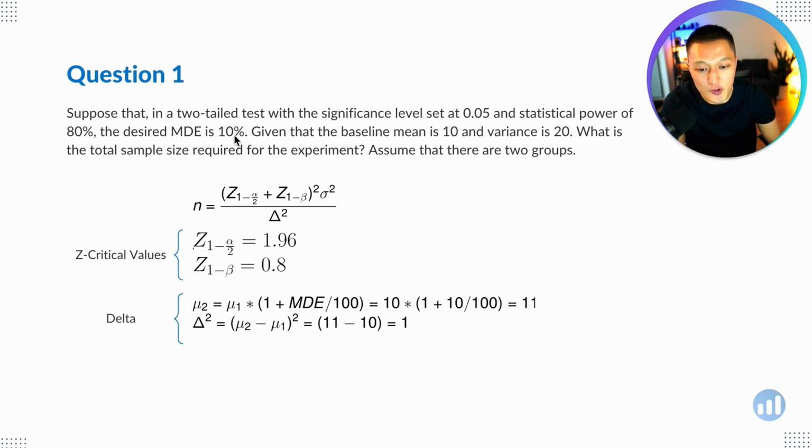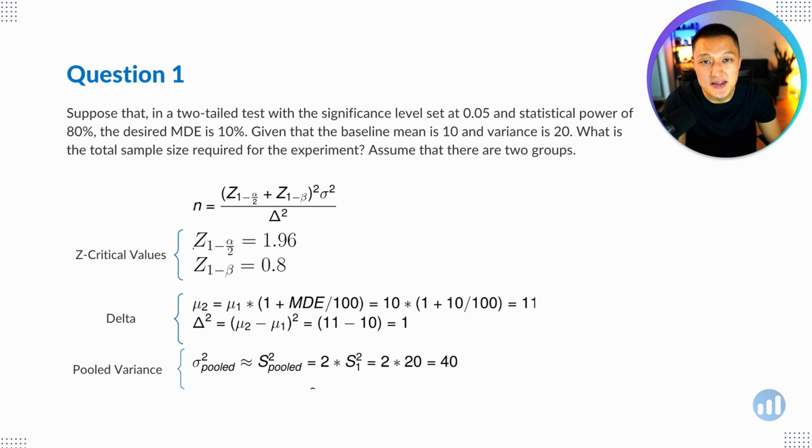What about for the pooled variance? It's going to be the pooled sample variance, which is equal to 2 times the sample variance. And we know that the sample variance for the baseline is 20. So we simply take 2 times 20, which gives us 40. So we know what the critical values are, the delta and the pooled variance. We now have all the values we need in order to calculate the sample size per group. The sample size per group becomes the following.